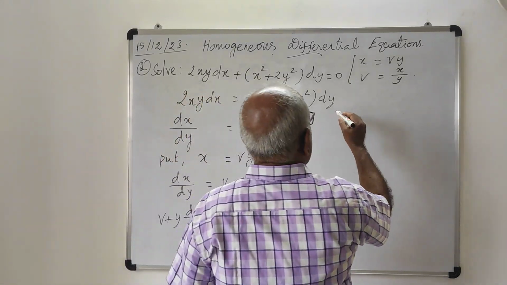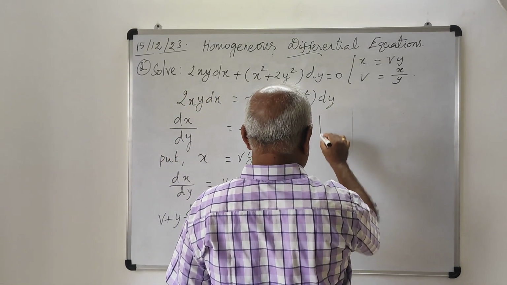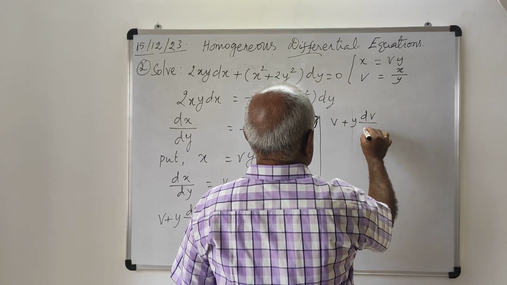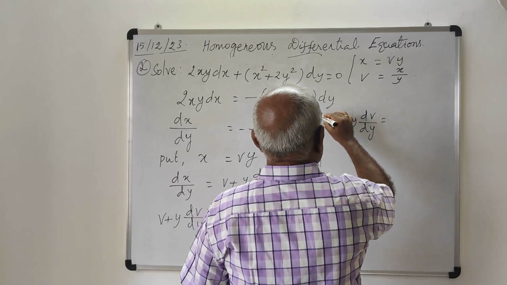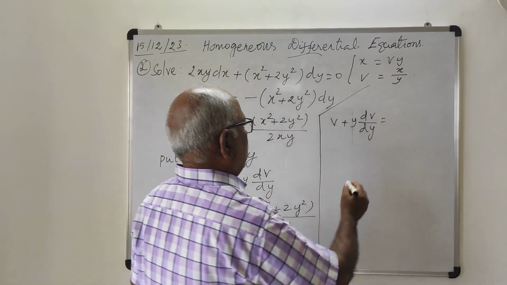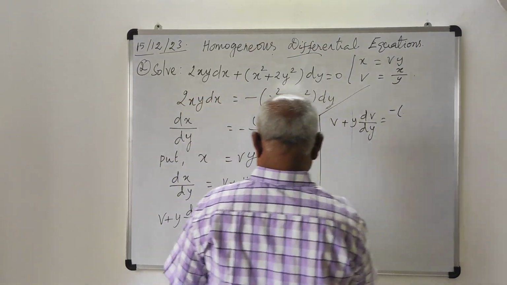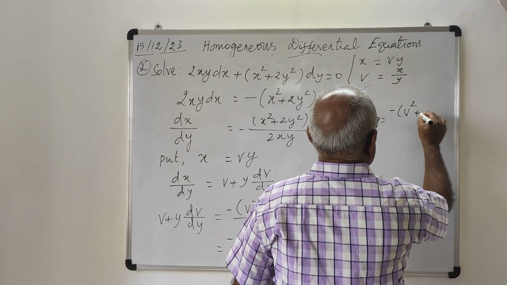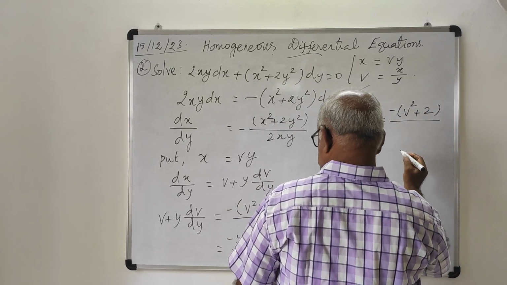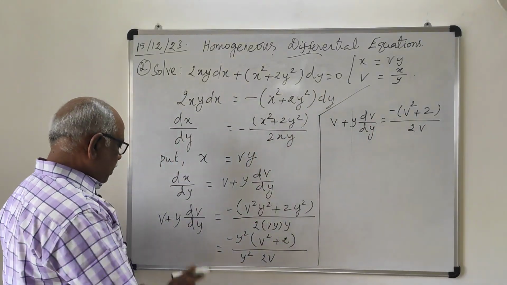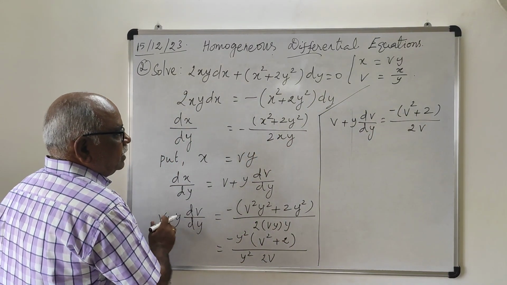You will get v plus y dv by dy equal to minus of v square plus 2 by 2v.